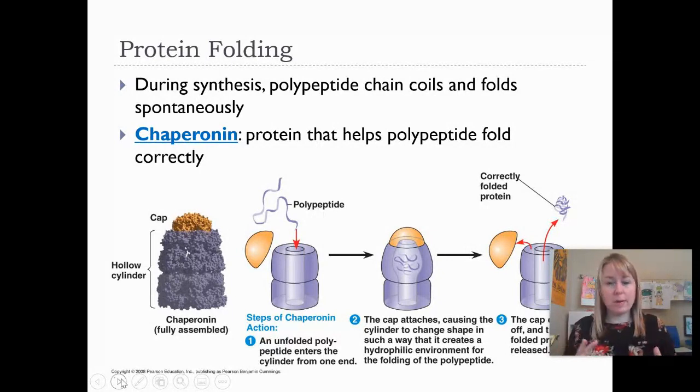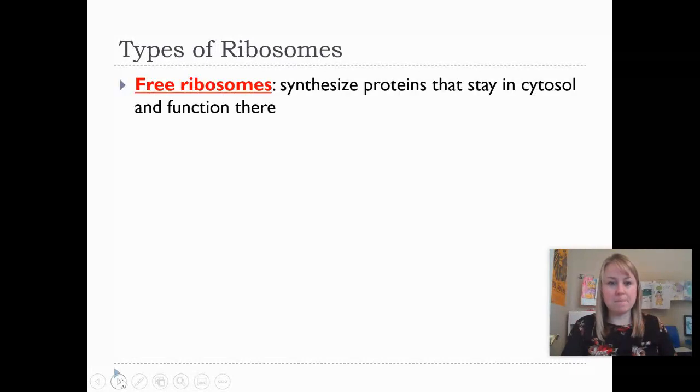Because remember, it's all about those R groups that have to interact with one another to do proper folding. And if there's other charged particles around, even water can influence how well it folds. So it creates a nice little hydrophilic environment so that it doesn't get disrupted by all those other intermolecular forces.